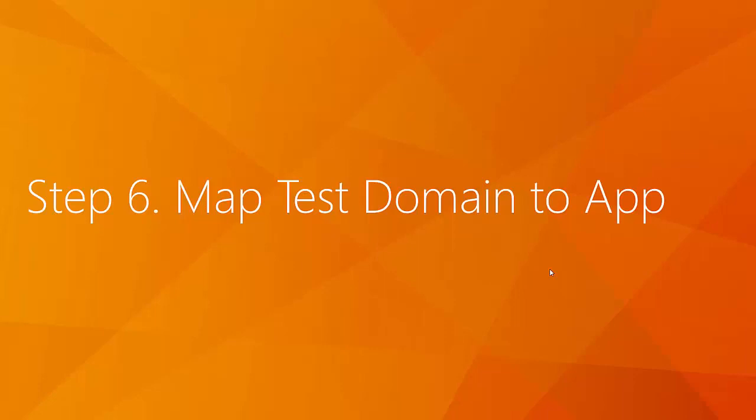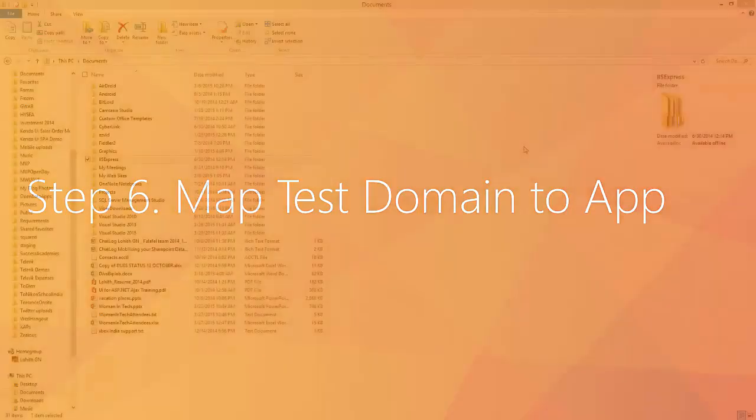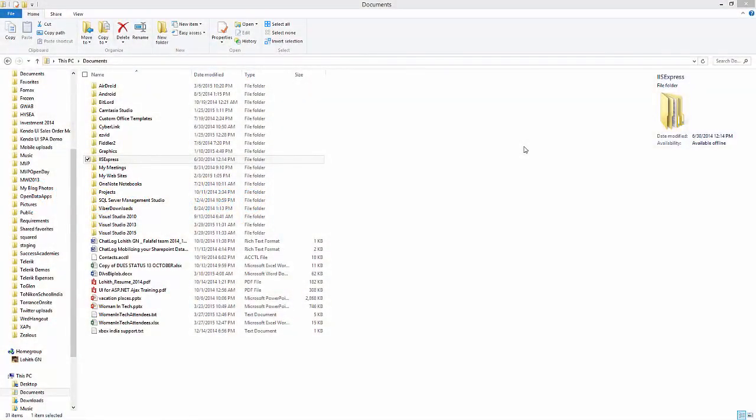Step number 6, we will need to map the test domain that we had created at localtest.me to our localhost application. So let's see how to do this mapping. Our web application in Visual Studio is actually running under the hood on IIS Express, so we will need to set up certain configuration things for the mapping inside the IIS Express config file.